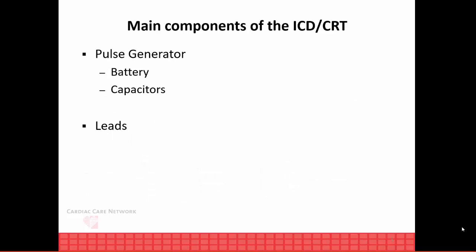The main components of a device are the pulse generator, or the CAN. You'll hear that called the CAN, and it's the main component or the brains of the device and contains the lithium battery. And the other component are the leads.